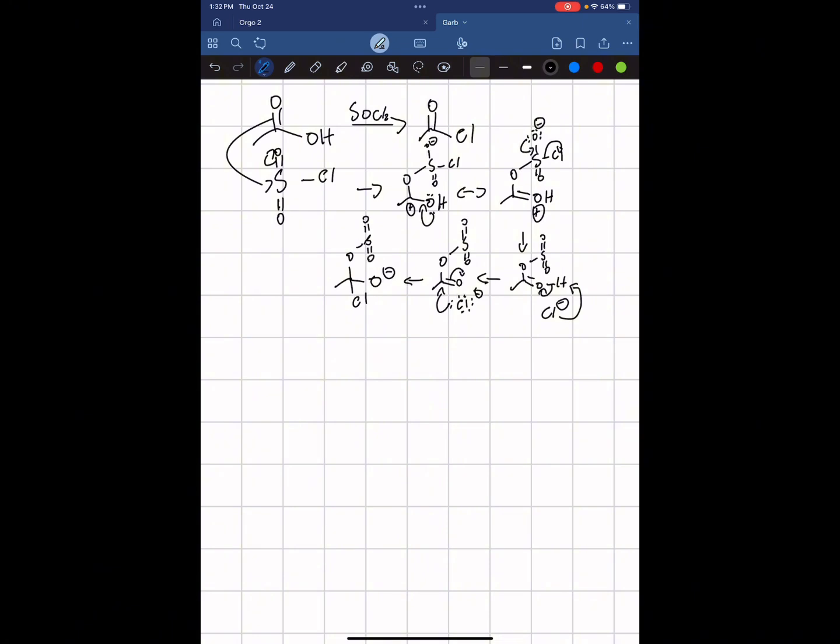Now again, this is a very good leaving group, so a lone pair from the negatively charged oxygen is going to fall down on here, and then it's going to kick off that, giving you this as your product. That was drawn very awkwardly. This is a better way to represent it. But yeah, that's how you prepare an acid chloride.